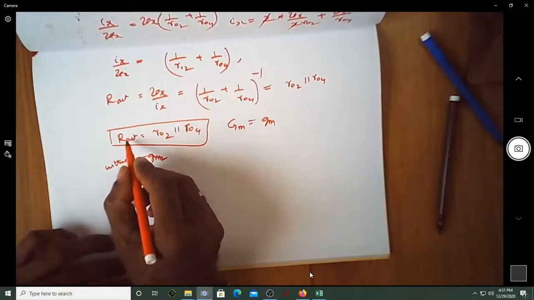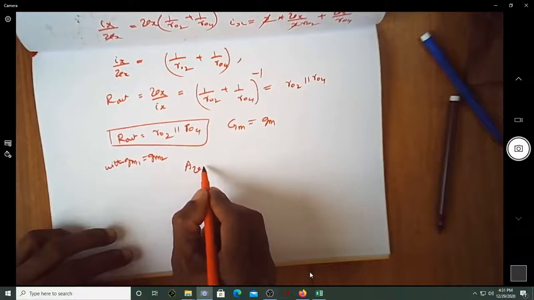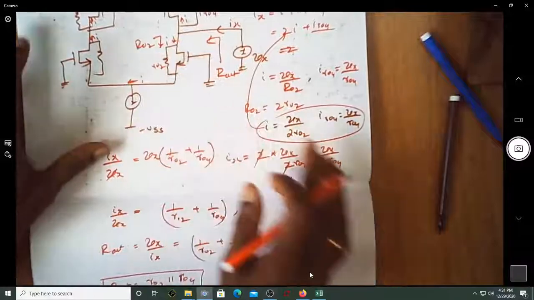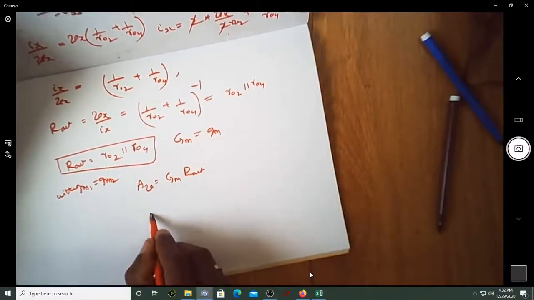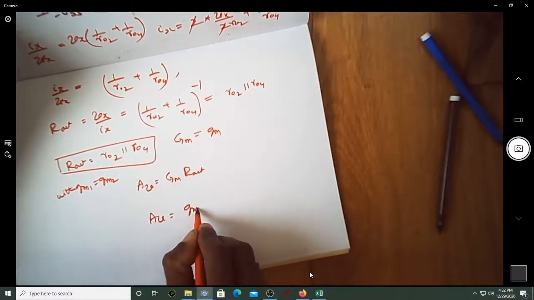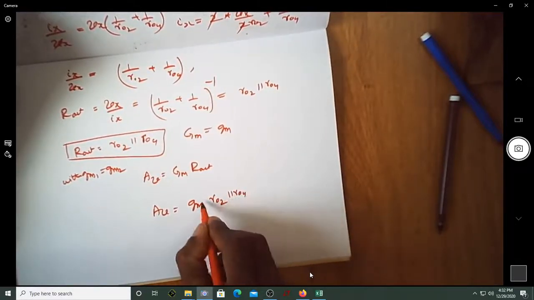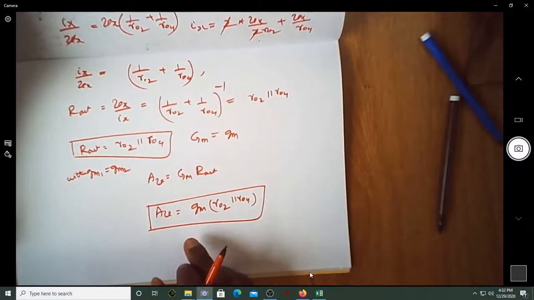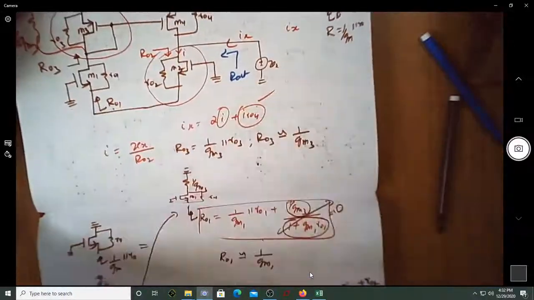Now since we know the value of R out and the value of GM, I can estimate the voltage gain of this differential amplifier for a differential input, which is given by capital GM into R out, which is equal to small gm into R out, which is nothing but R02 in parallel with R04. This is the expression for differential gain of a differential amplifier with active load.